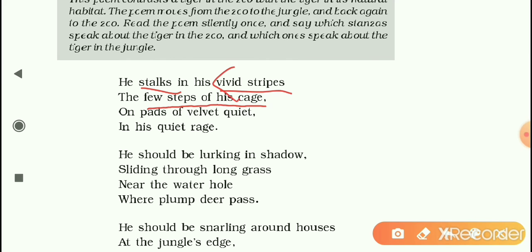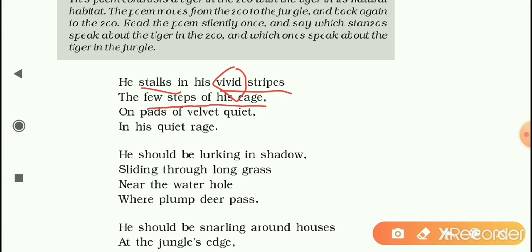As you know, the word vivid means very realistic, bright, lifelike. And the stripes are the main features of a tiger's look, right? A tiger's color may vary. It may be white, it may be yellow, but the stripes are the most distinct feature of a tiger's looks.